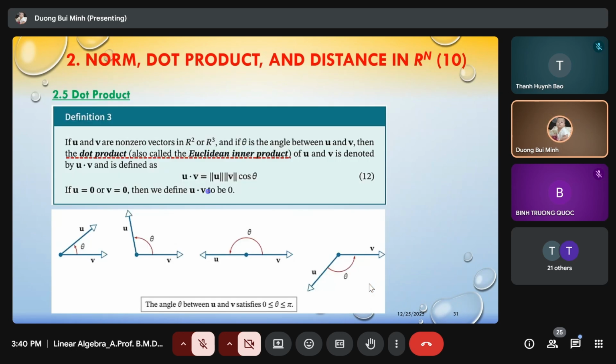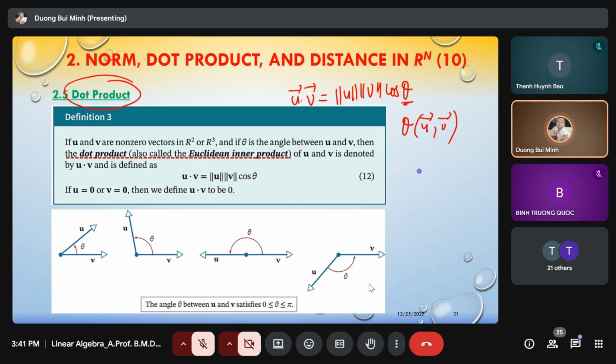So for the dot product, of course we know that vector u dot vector v means the norm of vector u times the norm of vector v times cosine theta, where theta is the angle between vector u and vector v.